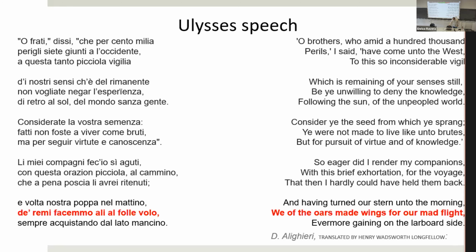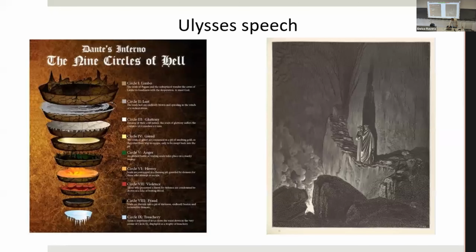And this is the Divine Comedy. This is just to recall that the pursuit of knowledge is not always easy, because in the end, Ulysses ends up in one of the lowest of the bulges of hell. So perhaps it's not the best choice ever, but okay, let me try to follow on this idea.